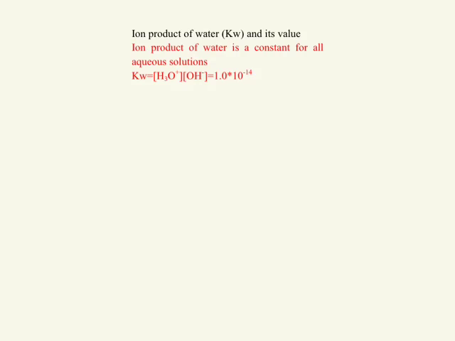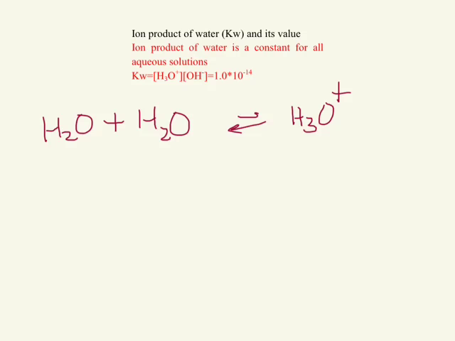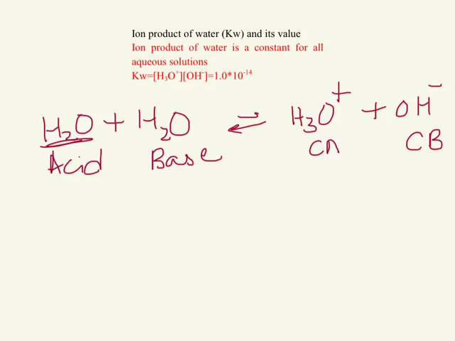Let's talk about one more constant, Kw. Let me write down a reaction. For example, water can act as an acid as well as a base. If you look at this reaction, two water molecules are reacting to form H3O+ and OH-. One is acting as an acid and the other one is acting as a base. If this is acting as an acid, this is the conjugate base, and this is the conjugate acid.